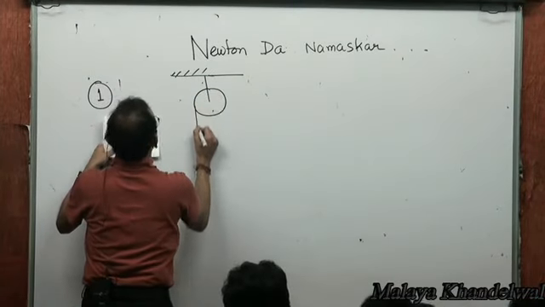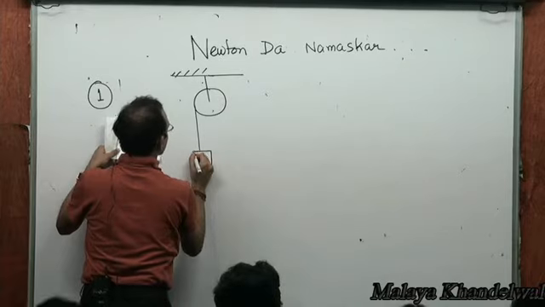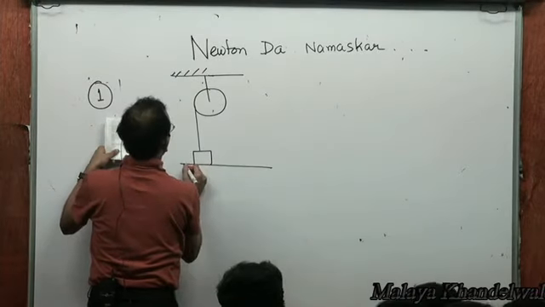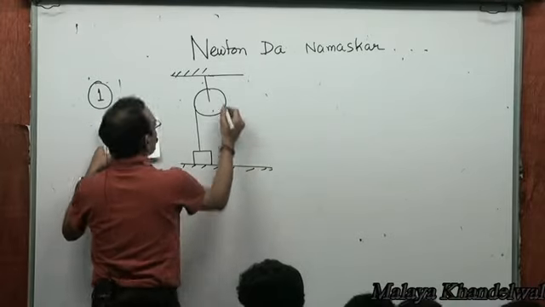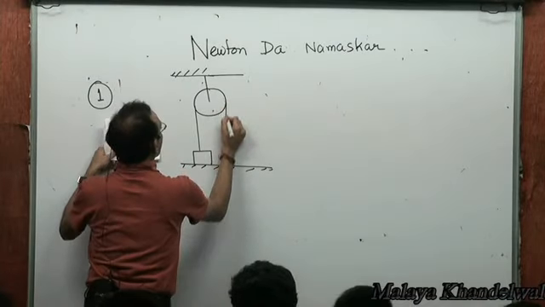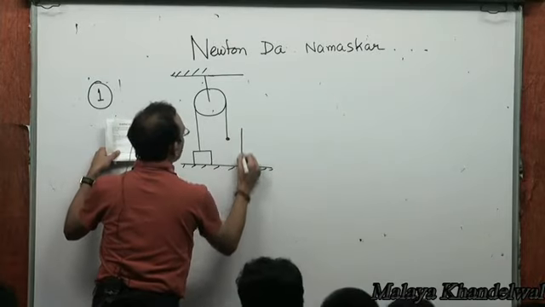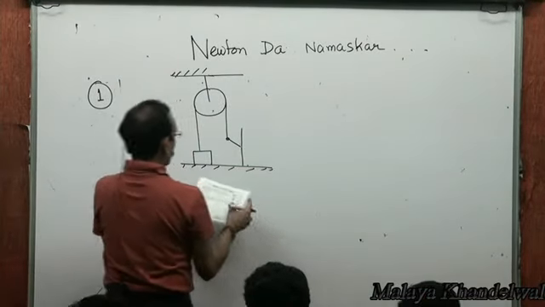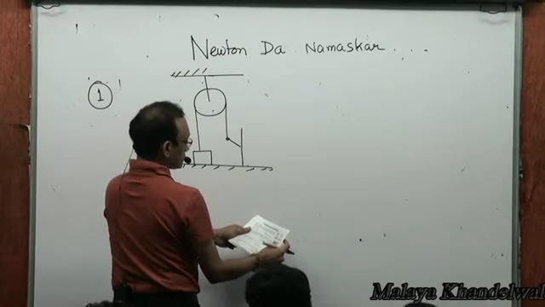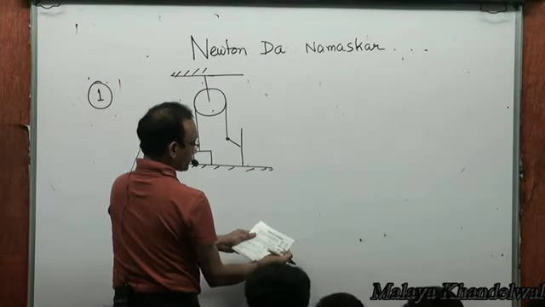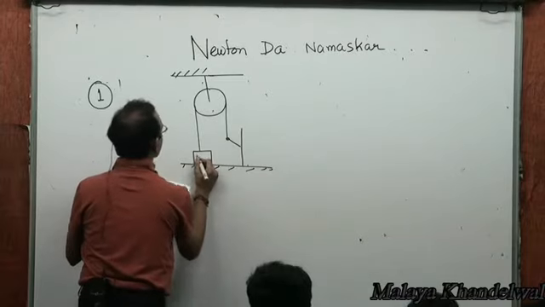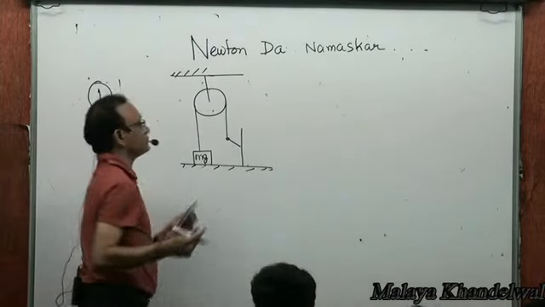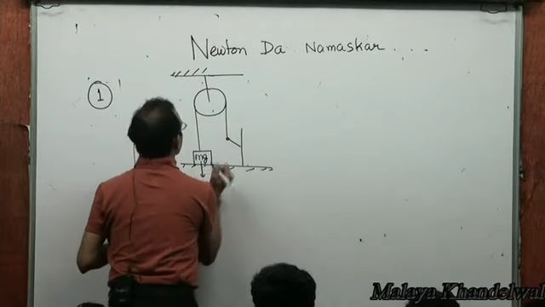There is a pulley here. There is a fixed horizontal ground, and this is a free end, and it's being pulled by a man here, and the mass of this block is given to be, okay, it does not matter, downwards.